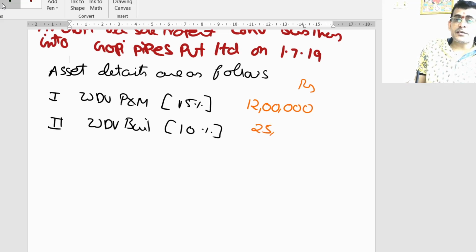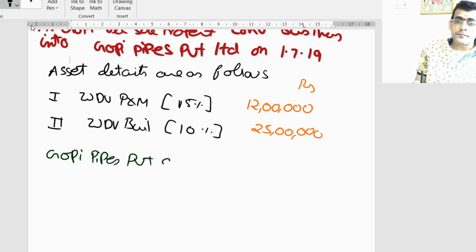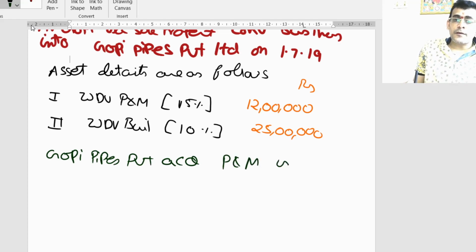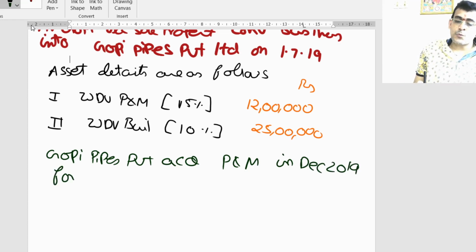This WDV is mentioned as 25 lakhs. That's what is the WDV given. Now, other information is also been provided. What is that? Let us see. Gopi Pipes Private Limited acquired plant and machinery in December 2019 for rupees 10 lakhs.